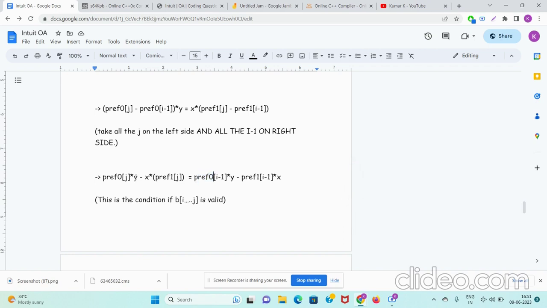If the left hand side term is equal to the right hand side term, it means this is a valid subarray. Now using this condition, you can very quickly calculate your answer.